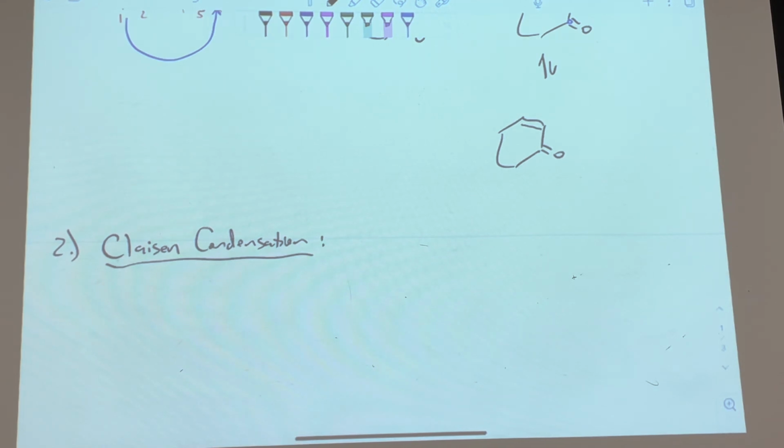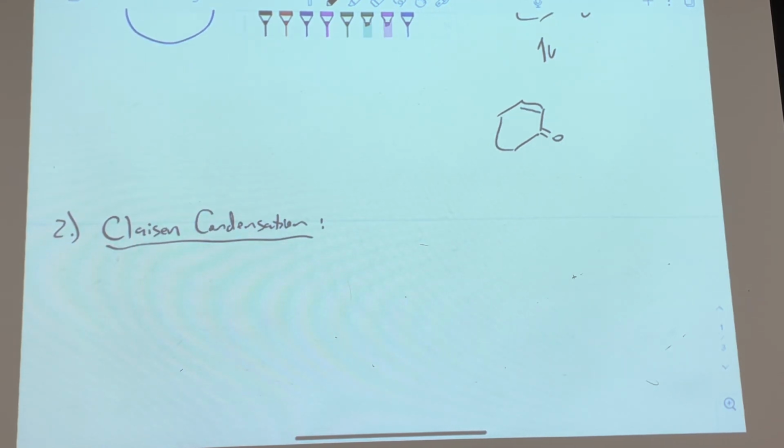With the Claisen, instead of dealing with aldehydes and ketones, it's going to deal with esters. It's going to take two esters and combine them, and the product you're going to get here is going to be a beta keto ester.